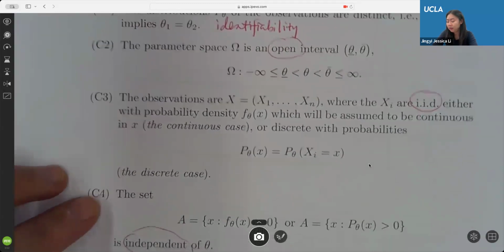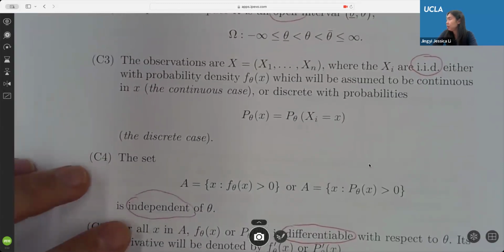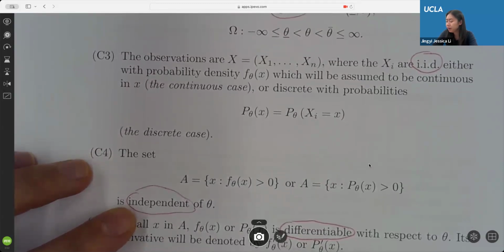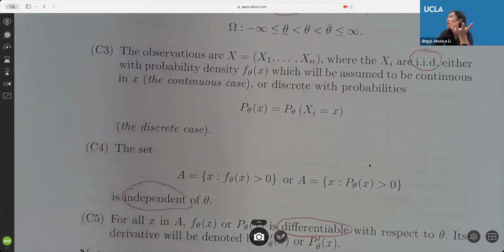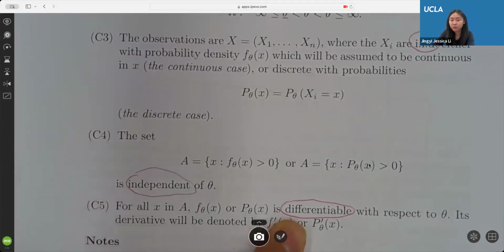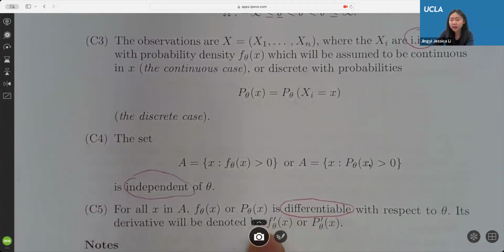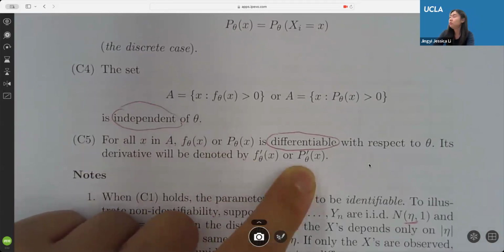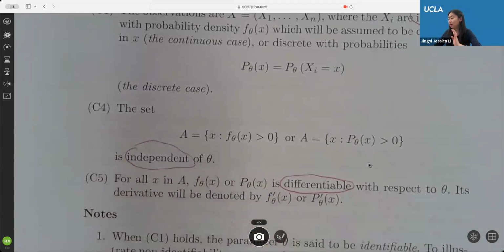Then the fourth one, very, very important, is that the non-zero density domain of your distribution must be independent of your parameter of interest. This excludes the uniform 0 to theta case, because in that case, the non-zero part depends on theta. Finally, C5, differentiable with respect to theta. So we can write the first derivative with respect to theta as this or this. So it's about differentiability, and we talked about those last time.